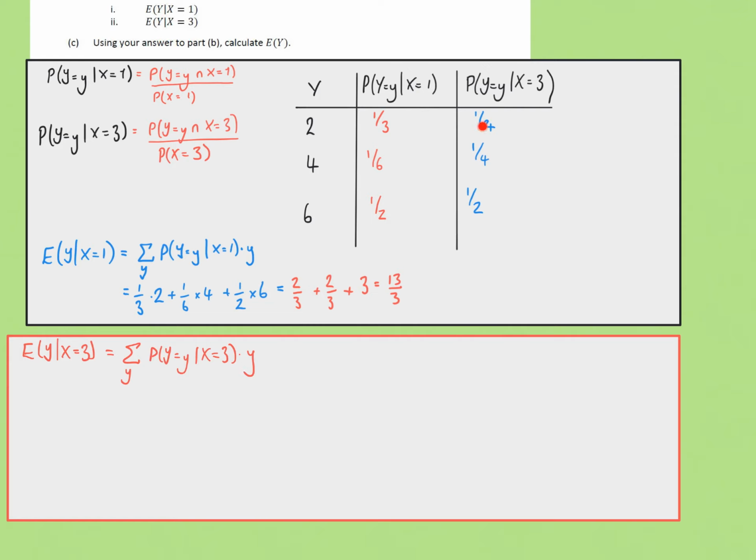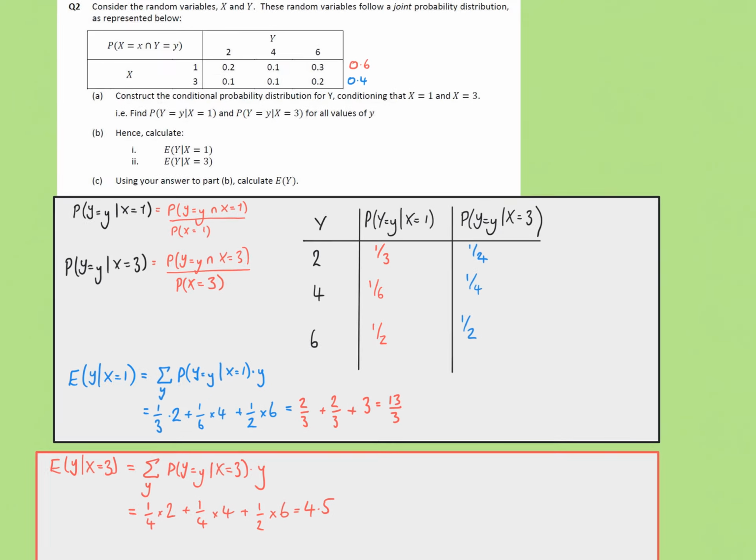So this is a quarter times 2 plus a quarter times 4 plus a half times 6, which is equal to a half plus 1 plus 3, which is equal to 4.5.